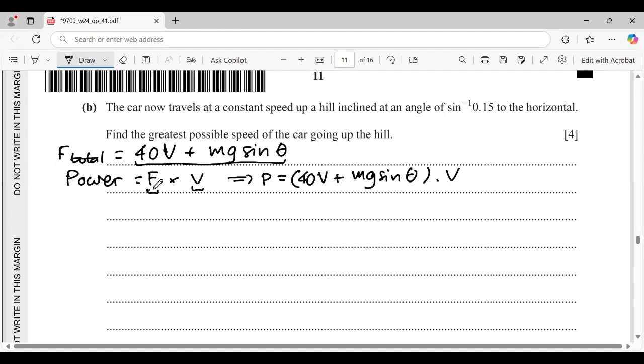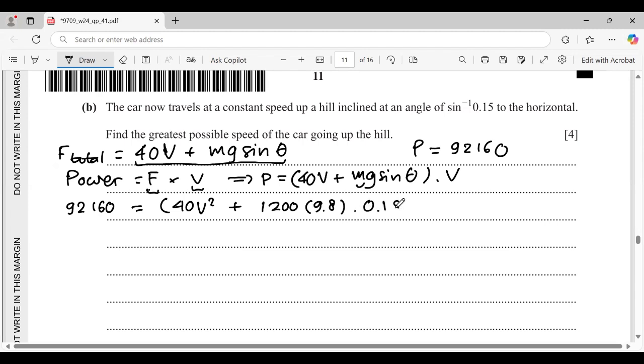If we substitute that power equals 92,160 watts, we can write here 92,160 watts equals 40v times v, it is 40v squared, plus m is 1,200 times 9.8 times 0.15, because sin theta is 0.15, times v.